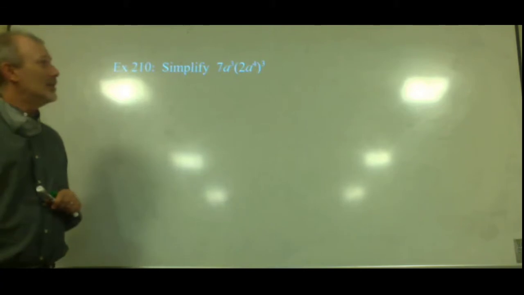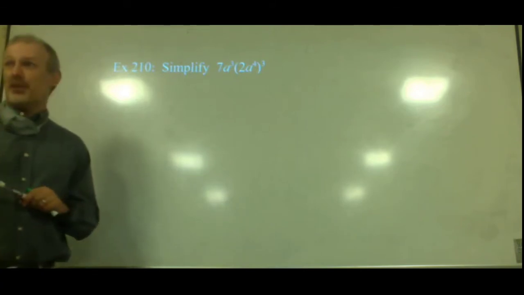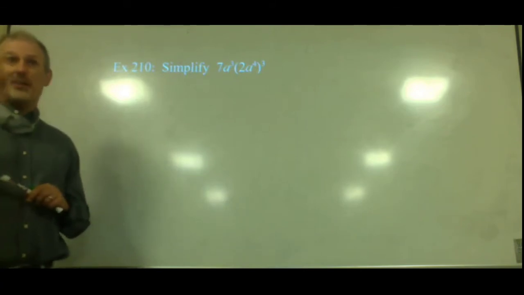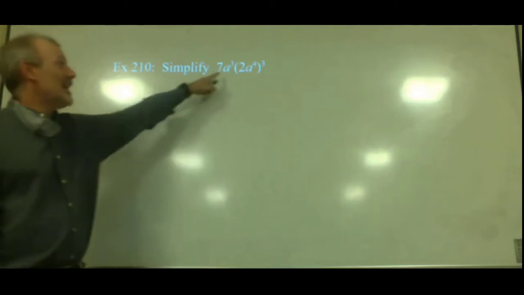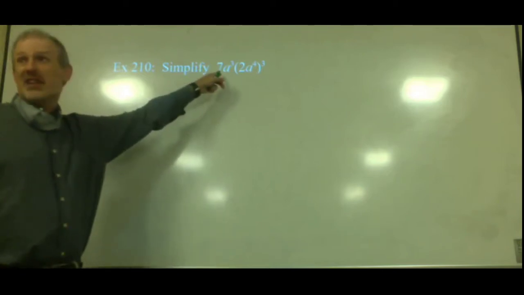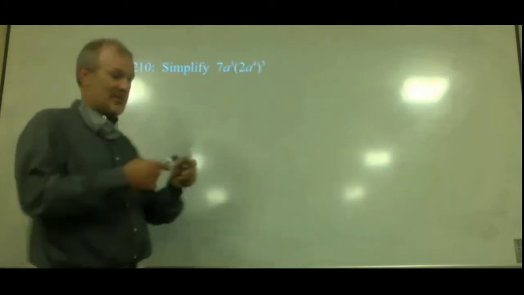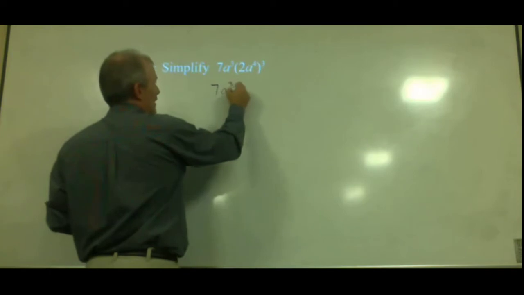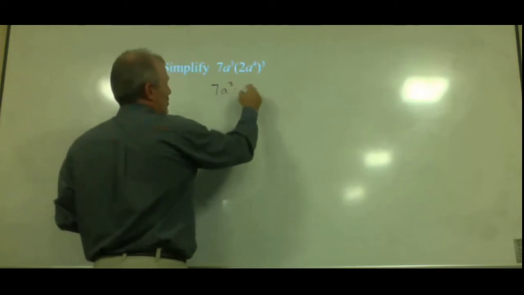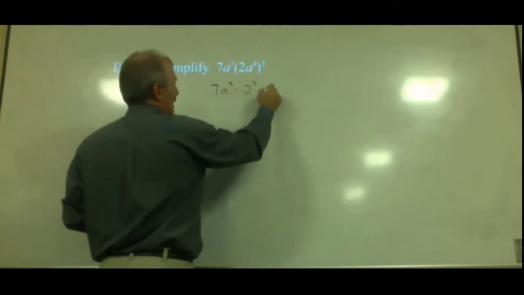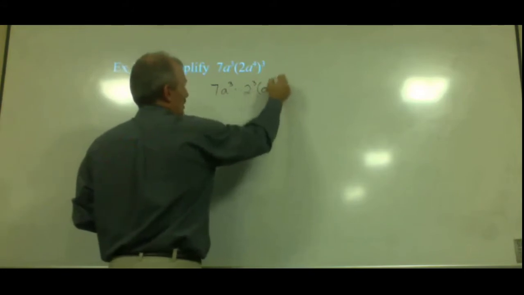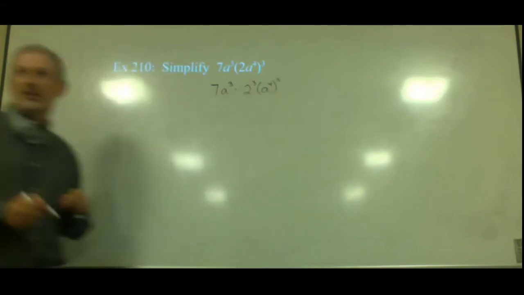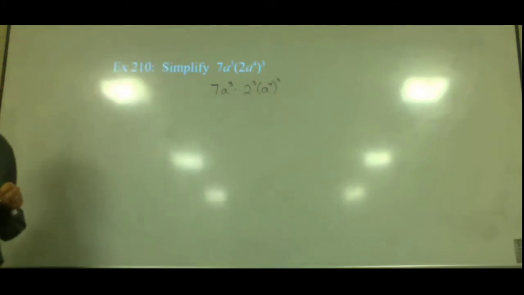Everything inside the parentheses, right? It applies to the 2 and it applies to a to the 4th. It does not apply to the 7a cubed. Does that make sense? It only applies to what's inside the parentheses. So the 7a cubed just hangs out here for a minute. Then we're going to have 2 cubed and a to the 4th cubed. Does that make sense to everybody?